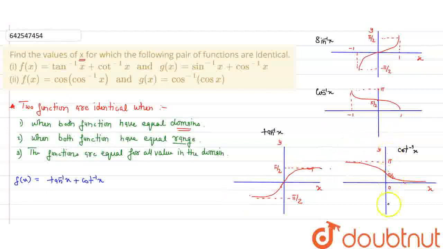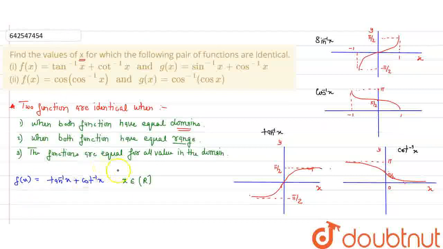Similarly, for cot inverse x, the domain of this function is all real values of x. That means the domain of the function here, my value of x, will be all real values, right?